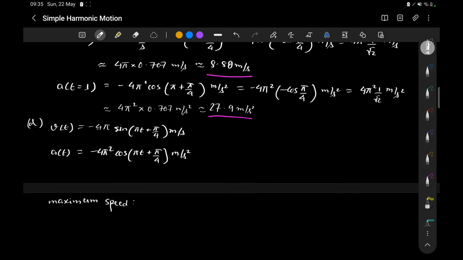If it is +1, then we get -4 pi. So the magnitude would still be the same, just the sign is different. So maximum speed would be the magnitude of the maximum velocity, which is nothing but 4 pi meters per second.